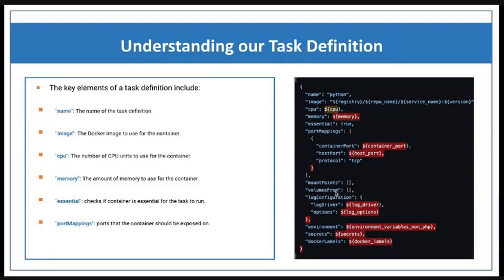Mount points and volumes are configurations for allowing you to mount some storage. You probably would have learned about them in your previous session. Log configurations allow you to ship your logs away from the containers and into things like CloudWatch or other drivers that AWS offers. Environment variables are exposed into the container for your application.